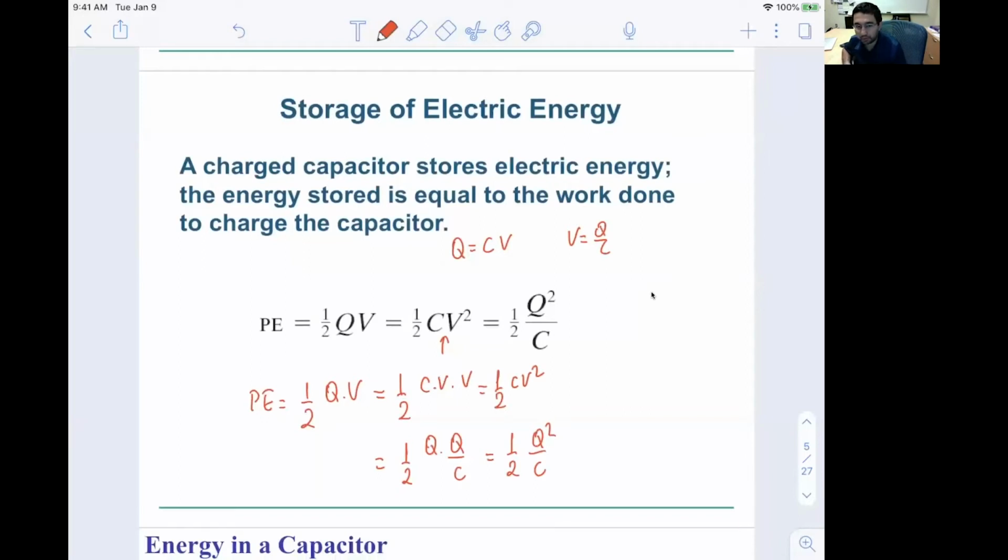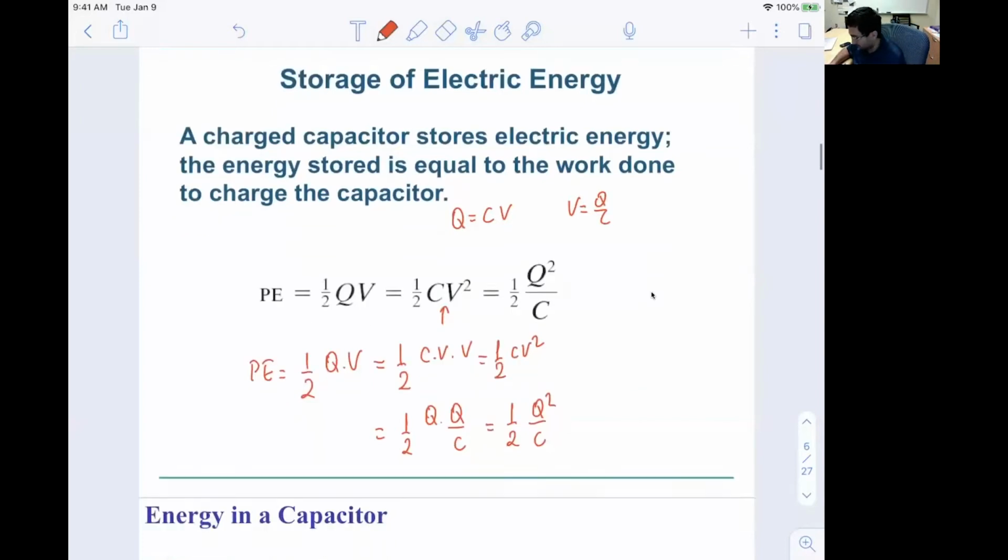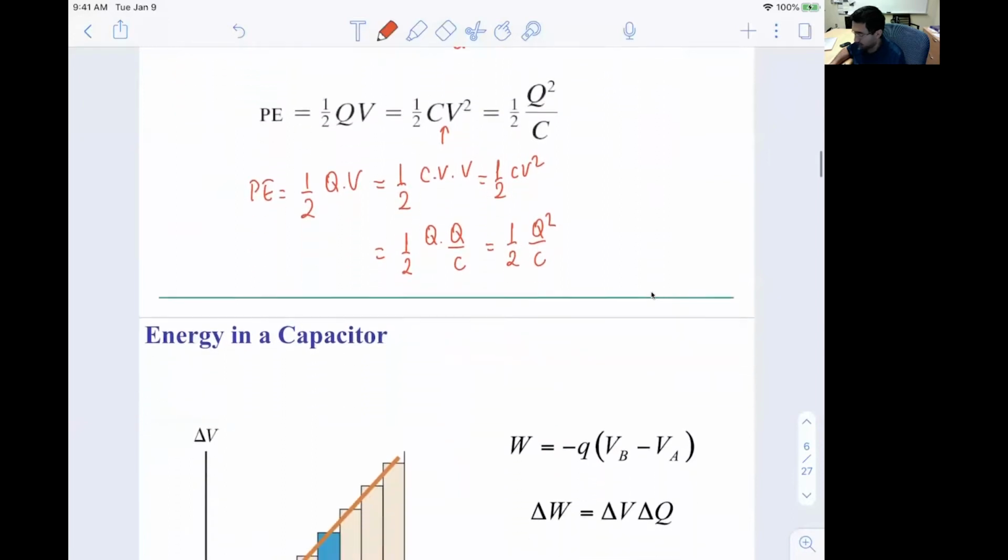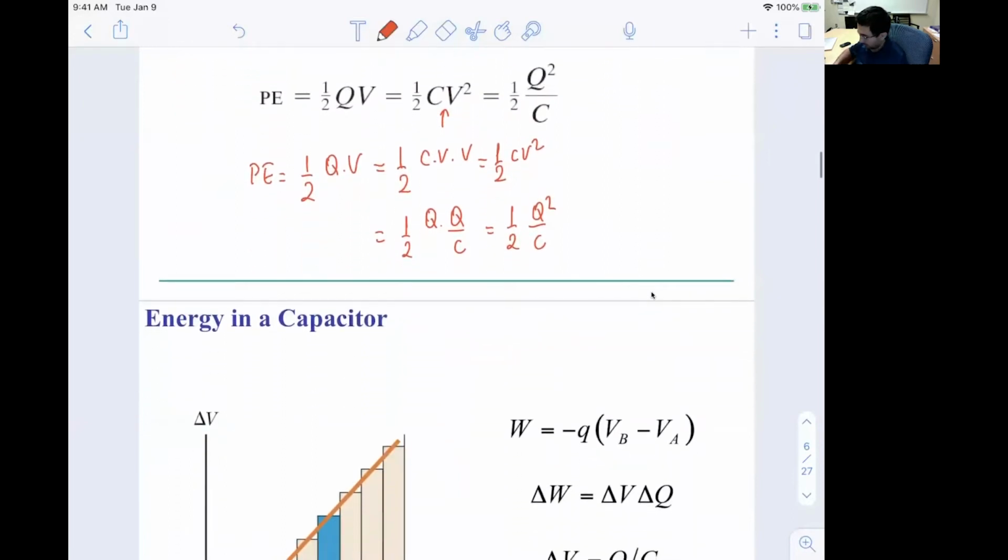Actually, you can see this in physics a lot, like in the kinetic energy, where we also have 1/2. I will show where it comes from in a simple example.